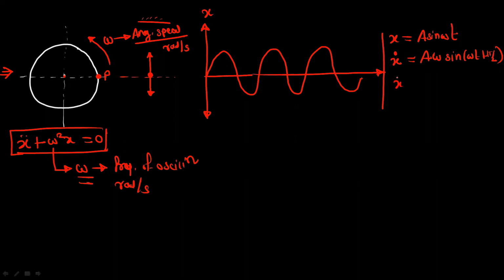And the third equation, which is x double dot, is equal to minus a omega square sine omega t. Okay, so I have written all the equations in sine terms only. So basically, we want to draw the waveform that will show the relation between all these values: x displacement, x dot velocity, and x double dot acceleration.